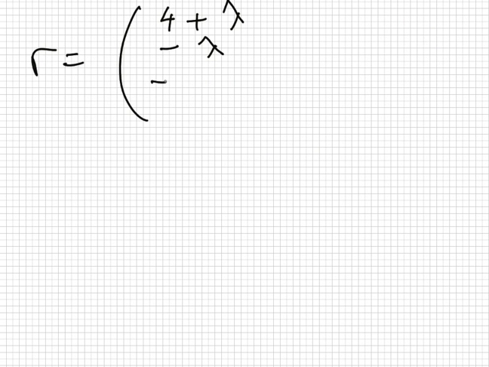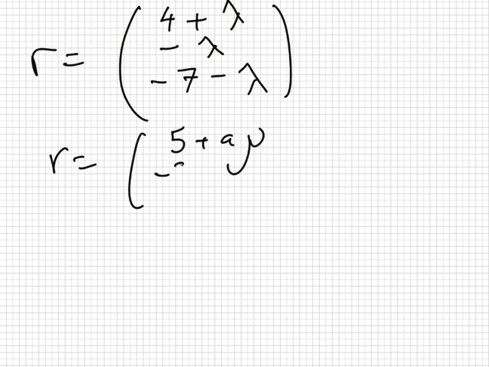Minus 7 minus lambda. And then the other one will be the same: 5 plus a mu, minus 3 minus 3 mu, and then 6 plus b mu.